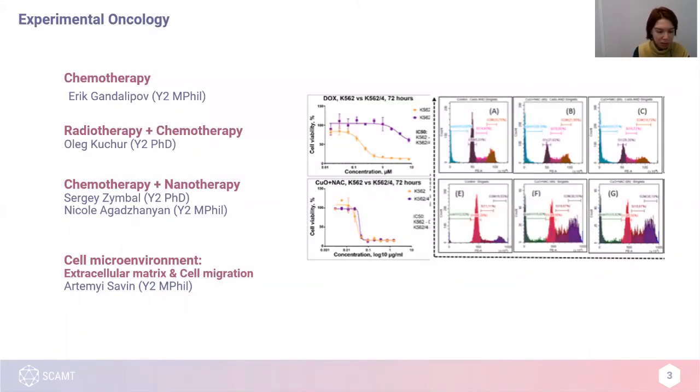Yes, so among the external factors, we mostly address the aspects of radiotherapy, chemotherapy, and cell microenvironment in terms of both oncological and immunological research. And then for cell destiny and functionality, we look at the mechanism of how transcriptional regulation can impact cell behavior. Next slide, please.